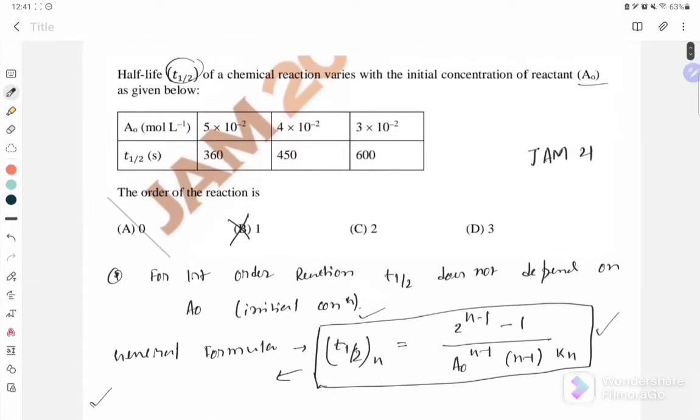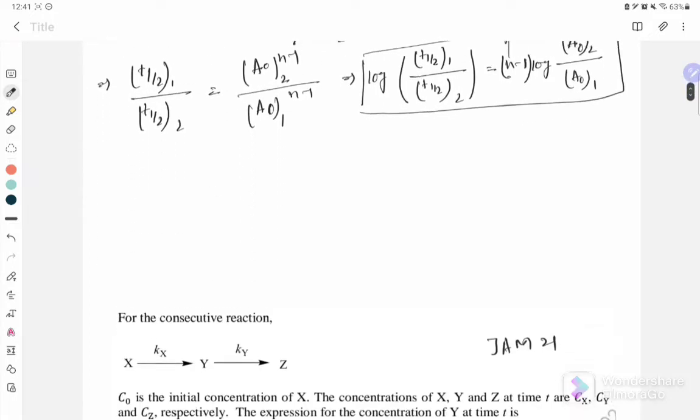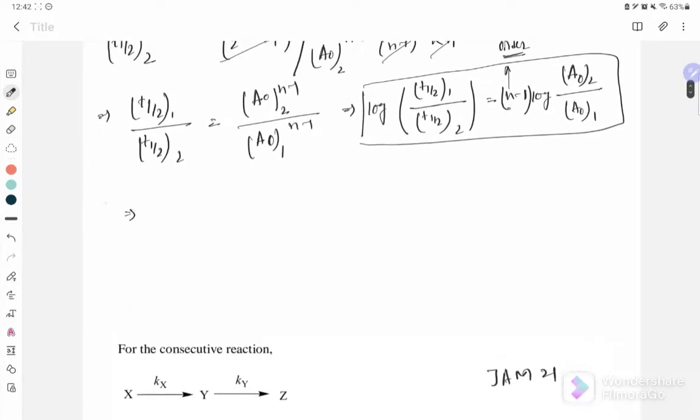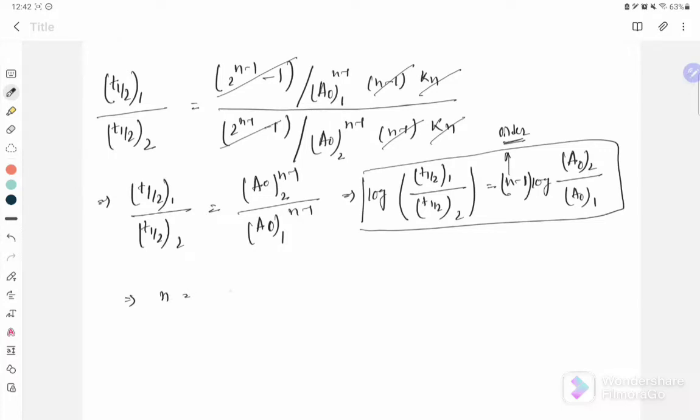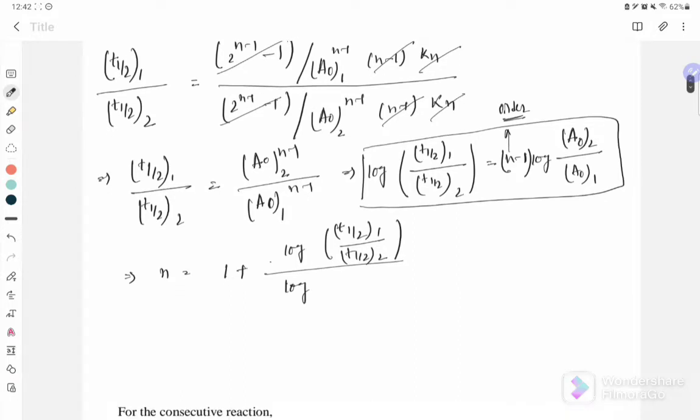You just have to put in any two data points. Using the first two data, n equals 1 plus log of T half 1 by T half 2 divided by log of A0 2 by A0 1.